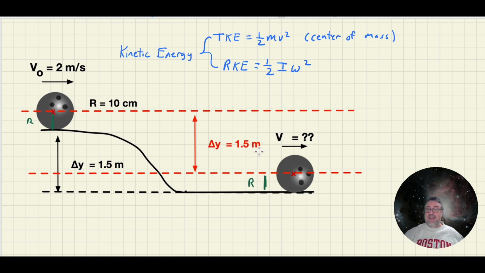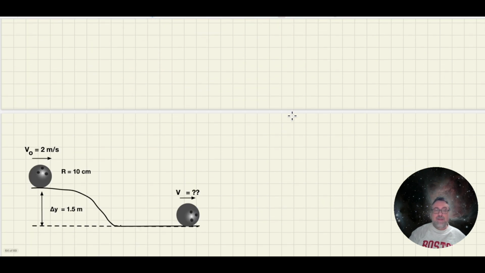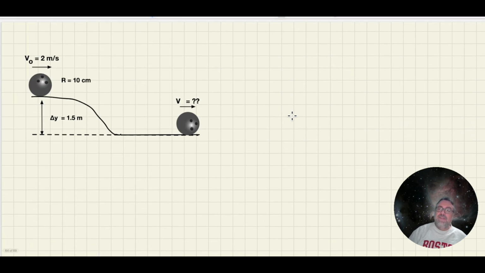So with that, let's write our energy equations before and after, and see where we lead. Now, the other important fact about rolling without slipping is that it means I'm not losing energy to friction.